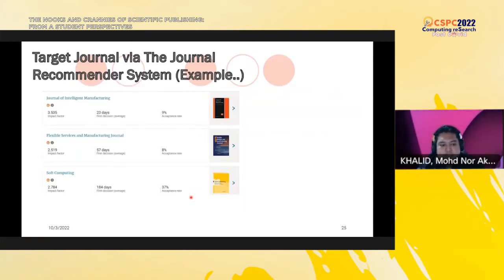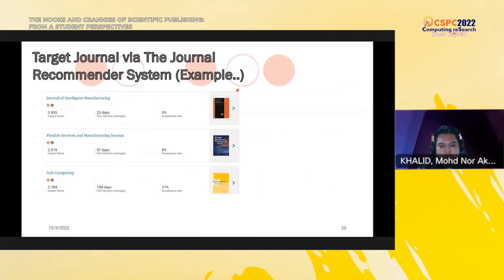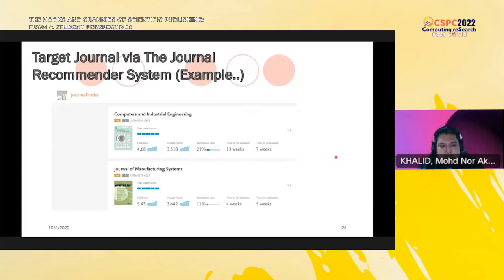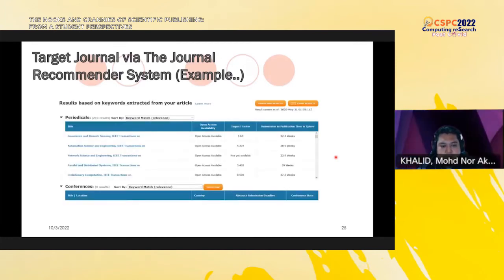You can see these are examples that I did for my research last time. Try searching for manufacturing research or operational research, and you can see the days to first decision. So you can decide which is best for your research. And sometimes you can even get target conferences as well, just for IEEE.